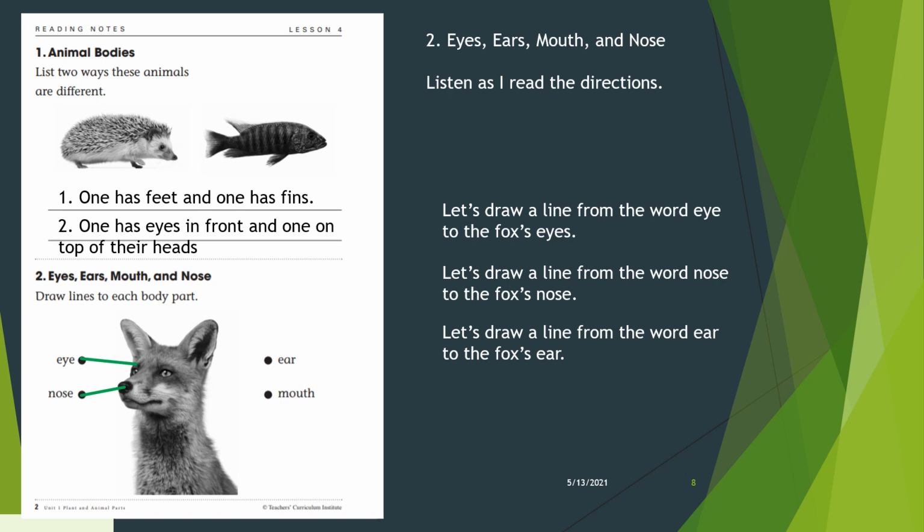So we need to only identify one ear, and people can realize the other one that looks like it is also an ear. Here we go. And now let's draw a line from the word mouth to the fox's mouth. His mouth is right below his nose. There we go. Did you finish that page yet?